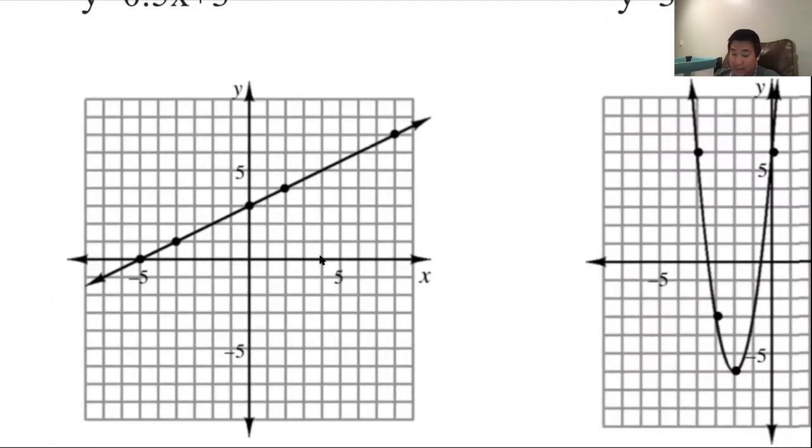So this is negative 5, 0. So I'm going to do 0, negative 5. And this is negative 4, 1. So I'm going to go 1, negative 4. This is 3, 0, so 0, 3. And this one is 1, 2, 3, 4, 5, 6.